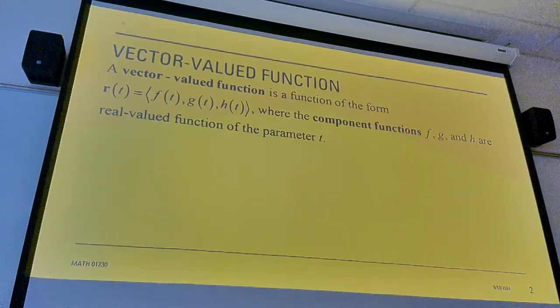So what do we think the domain of this vector valued function is going to be? Whatever values of t give real outputs for f, g, and h. It doesn't have to be all real numbers. So values of t that guarantee real values for f, g, and h simultaneously.